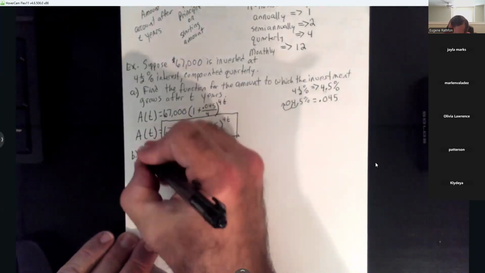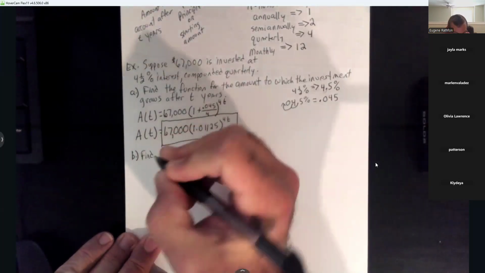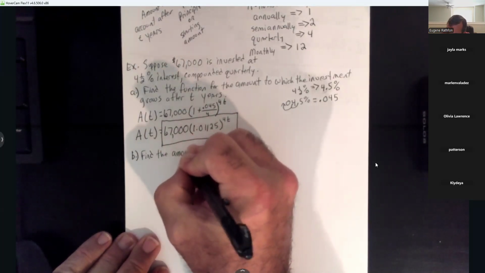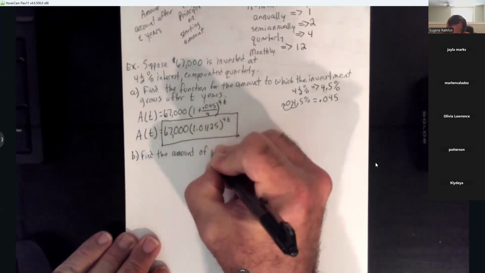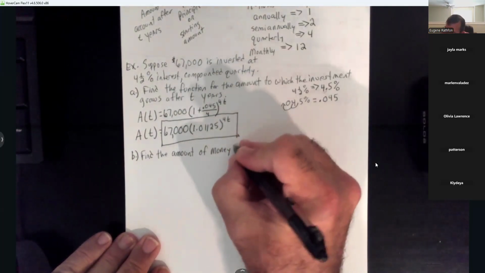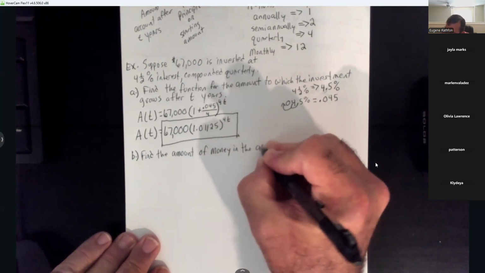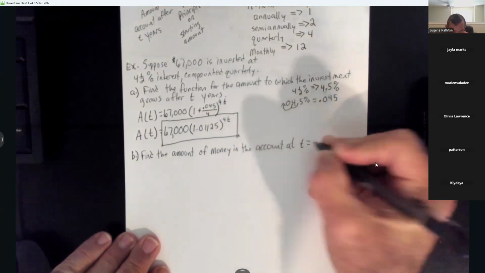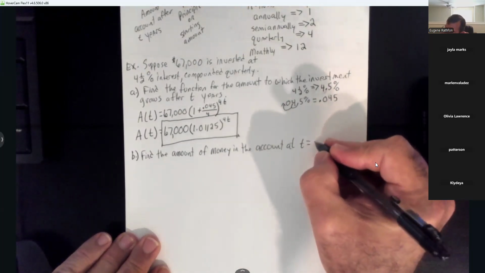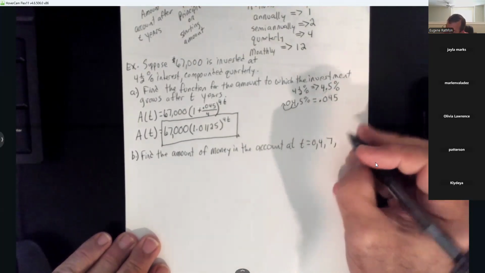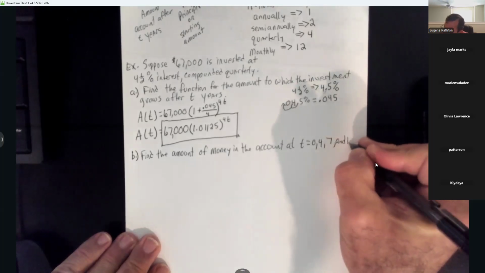For B, they want to find the amount of money in the account at t equals 0, 4, 7, and 10 years.